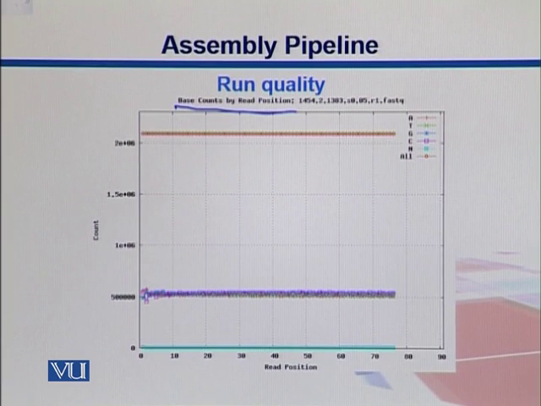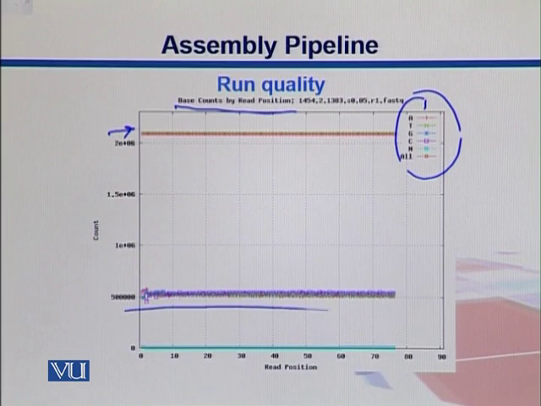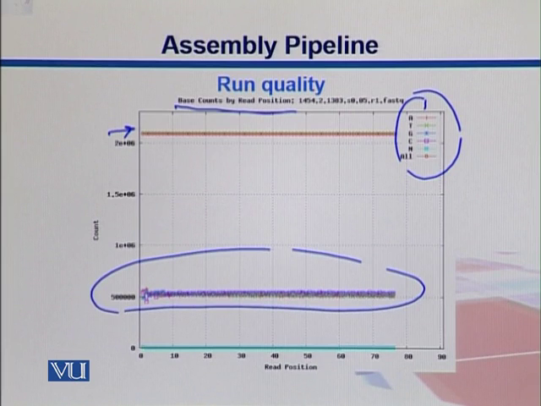These different colors represent the different nucleotides. If we place all of them together, we get this line, which is about 2e6, slightly over 2 million, for the number of bases at each position. If we look at them individually, all four colors merge here, with roughly 500,000 each.